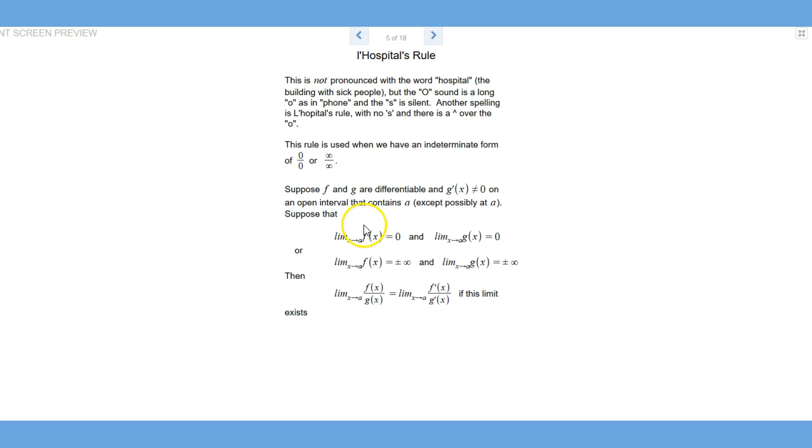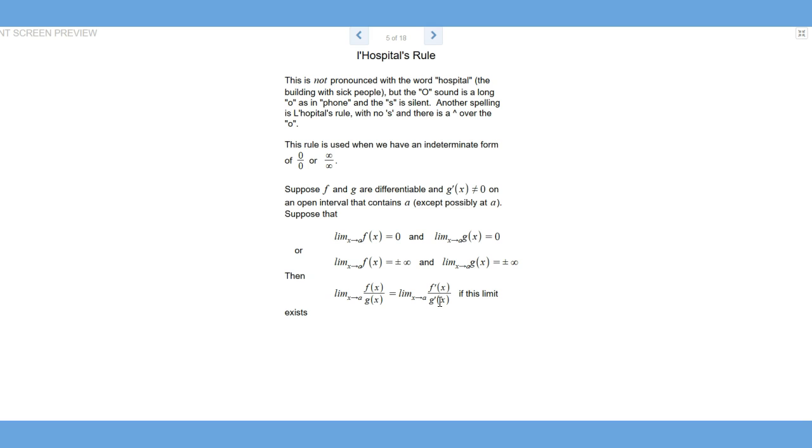It states that if you have a limit of a quotient of functions, and the limit of the numerator is going to 0 and the limit of the denominator is going to 0, or the limit of the numerator is going to infinity and the limit of the denominator is going to infinity, and it could be either sign of infinity, then you can evaluate the limit of the quotient by taking the limit of the quotient of the derivative of each function.